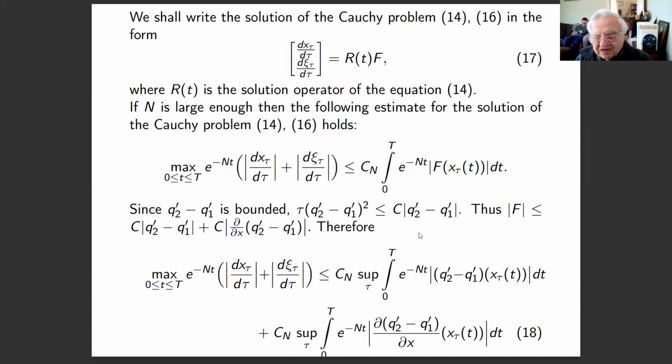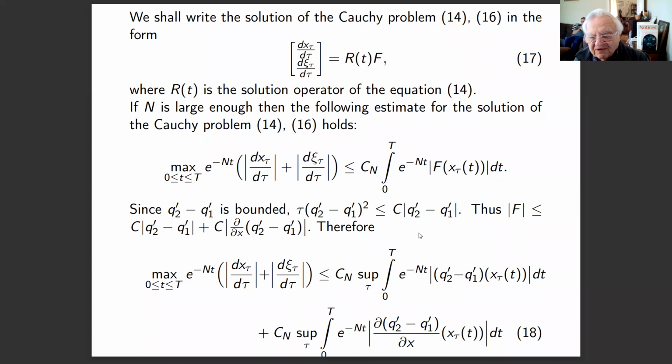I want to remind you that there is a basic estimate for the solution of a differential equation of first order, where the left hand side is the maximum norm of the solution and the right hand side is the L1 norm of the right hand side.